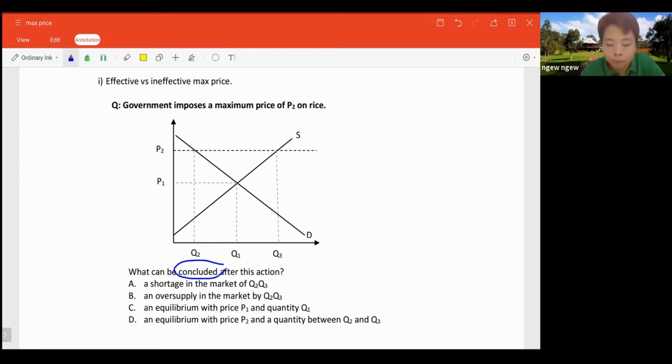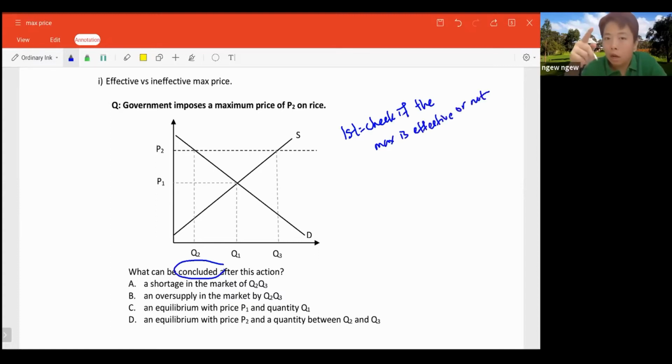after this action. Now, each time when you are doing a maximum price or minimum price question, the first thing you need to do is to check if the maximum price is effective or not.